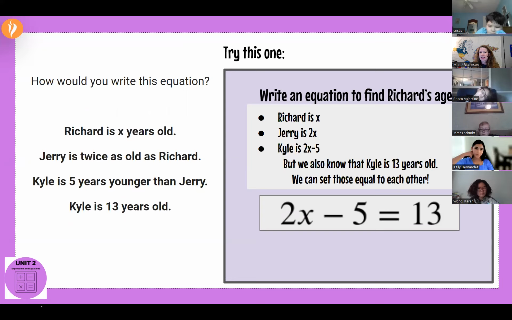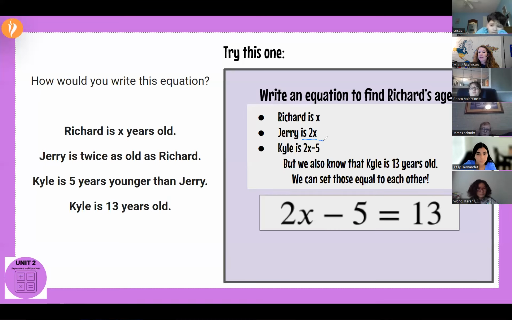All right, so Richard is X years old. Jerry is twice Richard's age. Kyle is 5 years less than twice Richard's age. And we know that Kyle is 13 years old. So they give us basically most of our equation right there. Kyle is 2x minus 5 years old, but then the next line tells us he's actually a total of 13 years.